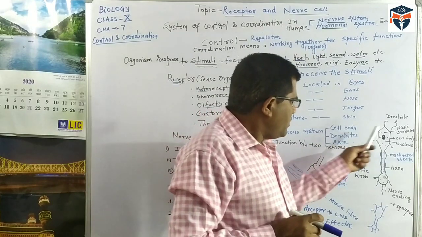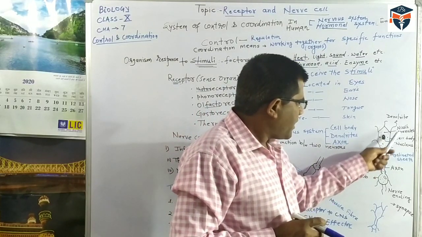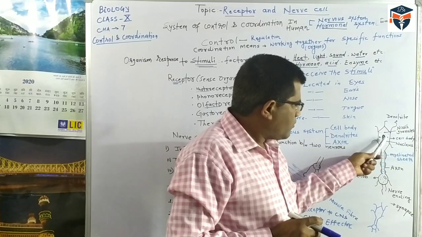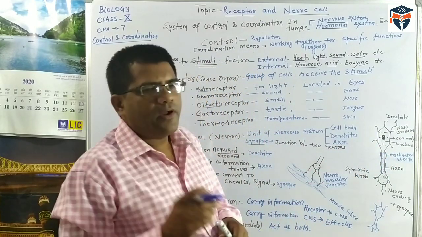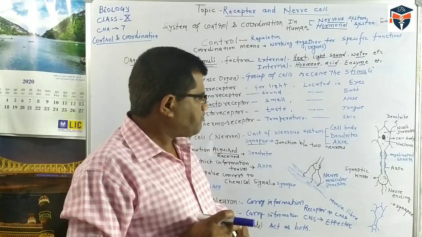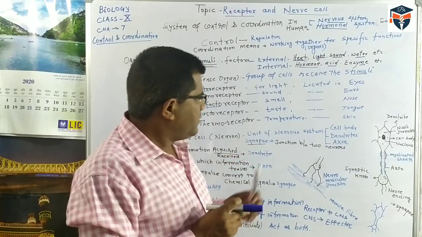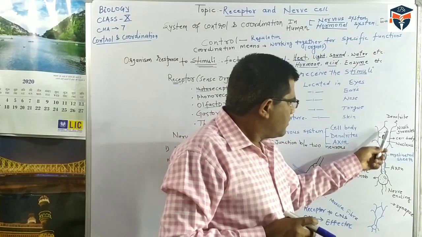So the cell body is a hexagonal structure having Nissl granules, nucleus, and this liquid part which is called the neuroplasm or cytoplasm.